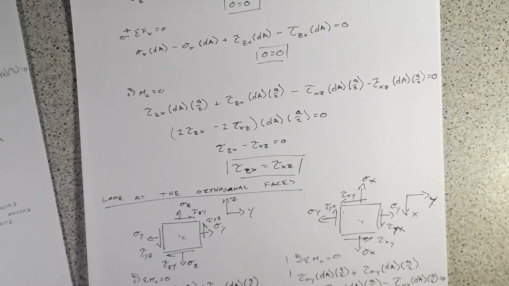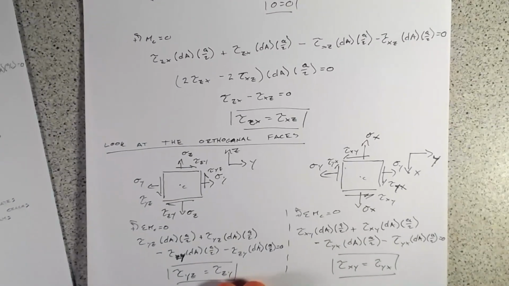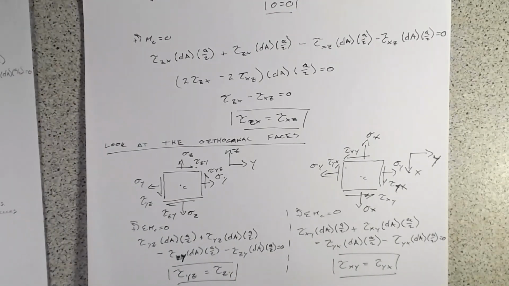That all equals 0. And again, this will all simplify out to tau xy equals tau yx. So, as I said, this is a powerful thing.